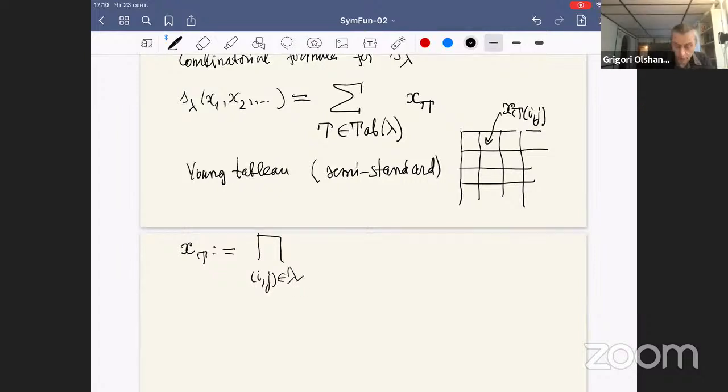There are finitely many boxes. And the condition on the numbers which are contained in our Young diagrams is as follows. These numbers weakly increase along the rows and strictly increase down the columns. Okay, so this is the definition.